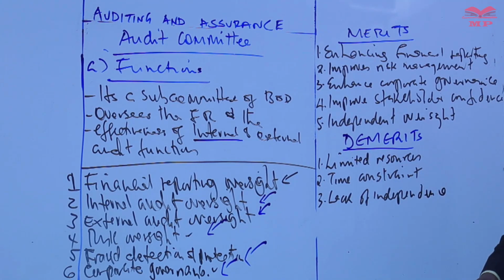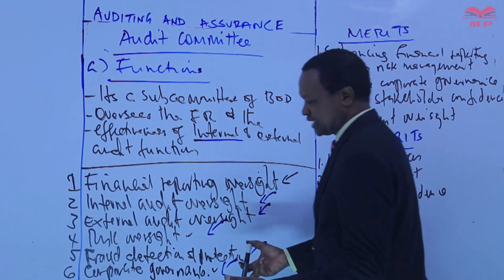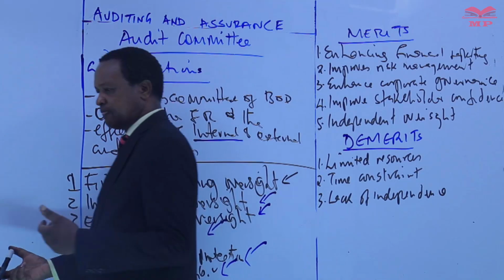In some cases, audit committees or the members who sit on this committee may not be truly independent, particularly if they have close ties to management.